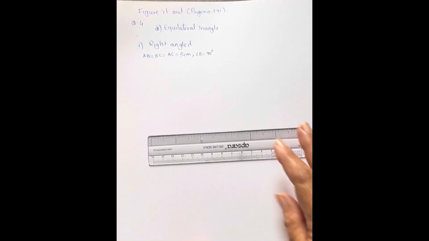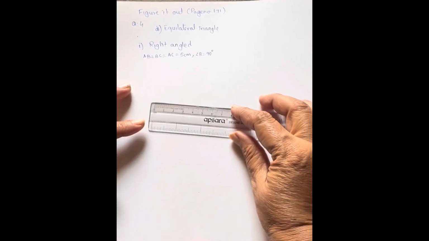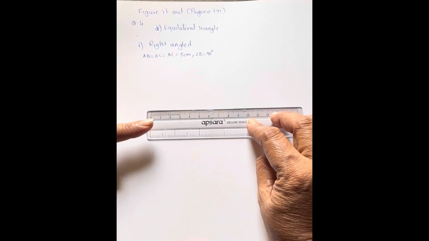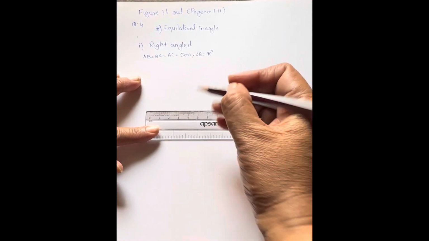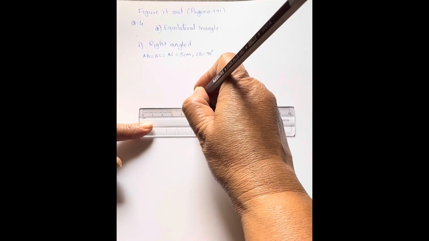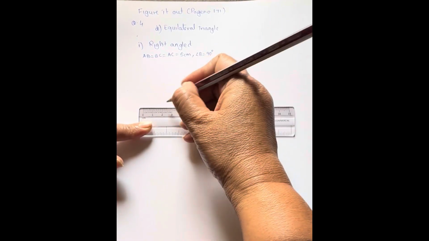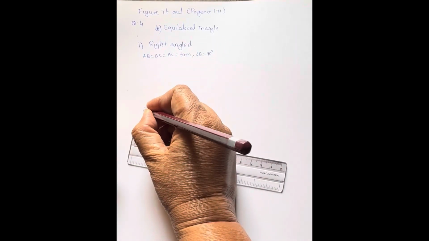So let us try to draw a right angled equilateral triangle, though we know that in an equilateral triangle all angles are 60 degree. But through construction they have asked us to explore this so that we understand it better and we remember it forever instead of mugging it up. Right, so we take BC as the baseline.